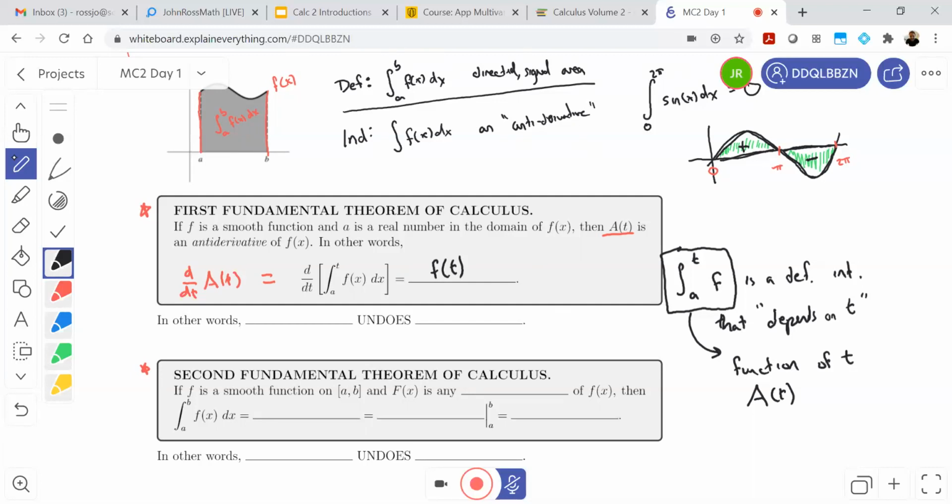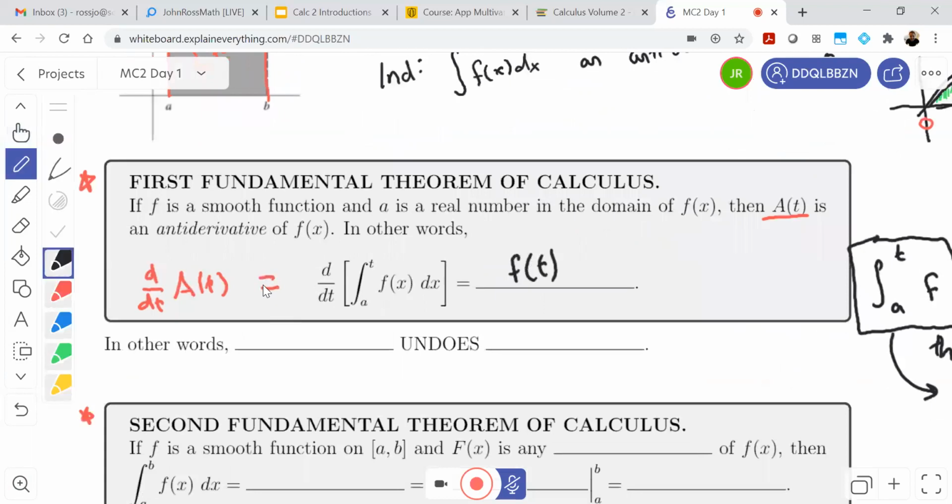In other words, if we create our accumulation, our integration, as a function, if we introduce this A of t, then it can be undone with differentiation. So in other words, derivatives undo integration.